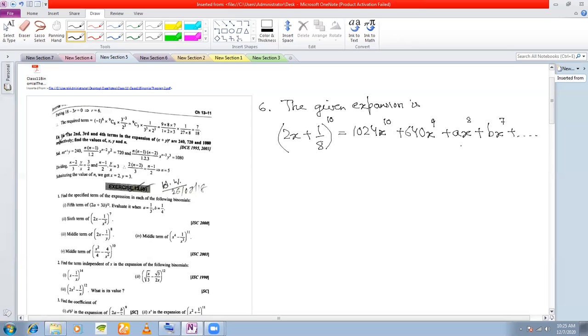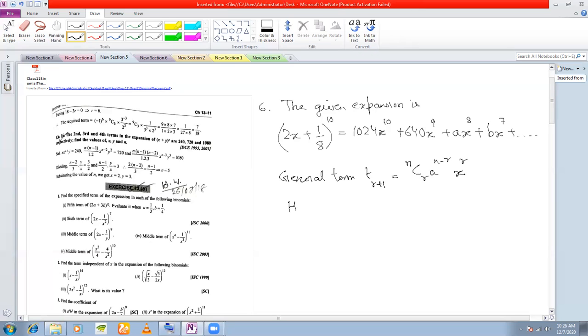So you need to calculate the numerical value of this a here, this a that you have here, and this b that you have here. Okay, now see, first write down the general term of the binomial. General term t r plus 1 is nCr a to the power of n minus r x to the power of r.